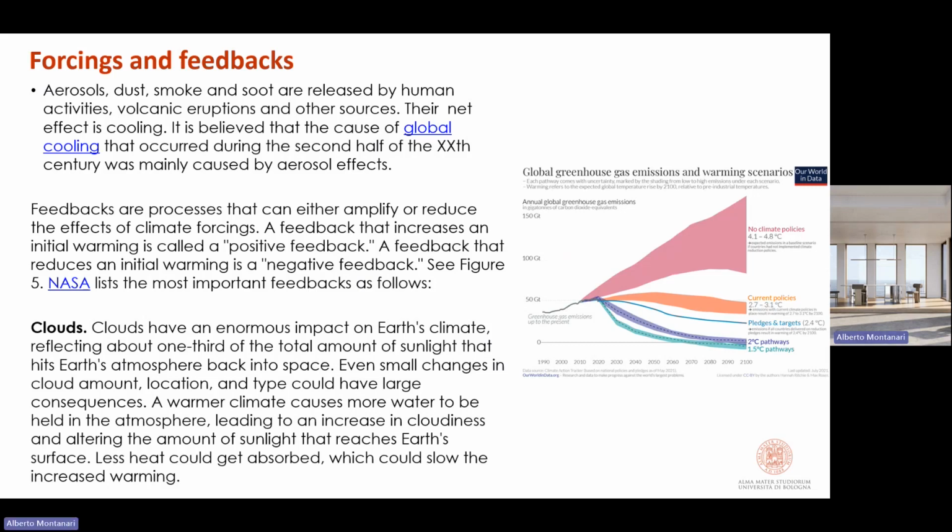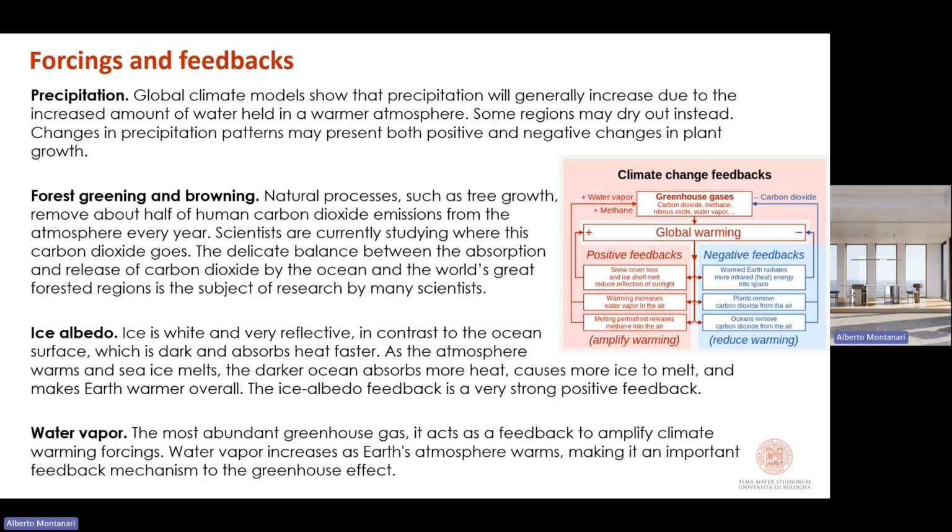So this is the first one. Precipitation. And precipitation, how will it change? Global climate models tell us that precipitation will generally increase due to the increased amount of water held in the atmosphere and the increased evaporation.